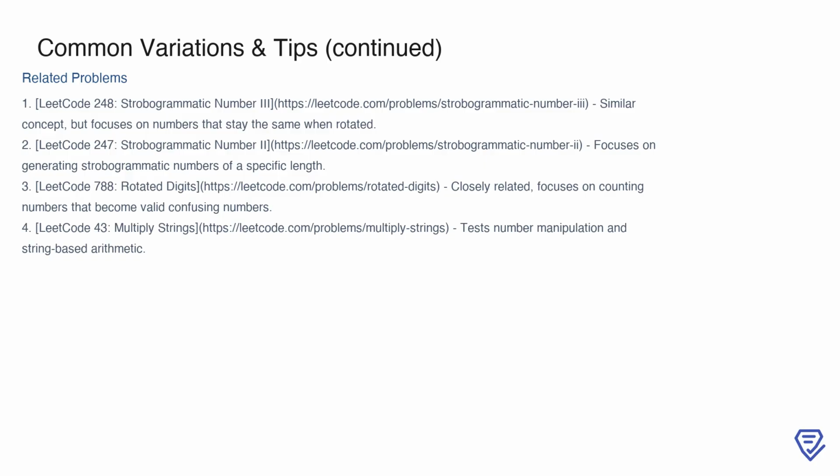Another closely related problem is LeetCode 788, rotated digits, which also involves counting numbers that qualify as confusing numbers under specific conditions. Finally, LeetCode 43, multiply strings, is worth exploring because it tests your ability to manipulate numbers and strings, a skill that is highly relevant to solving problems like this one. Diving into these related problems can help you build a deeper understanding of number transformations and efficient computation techniques.